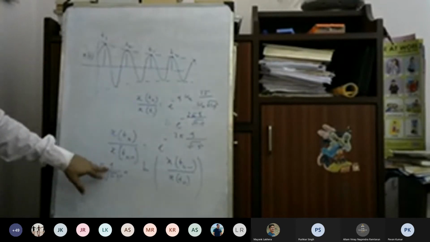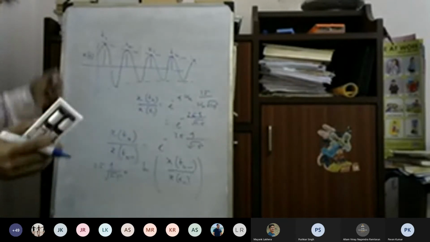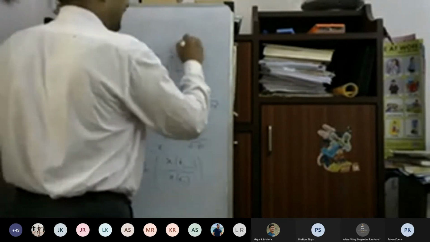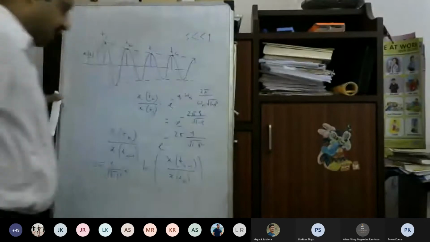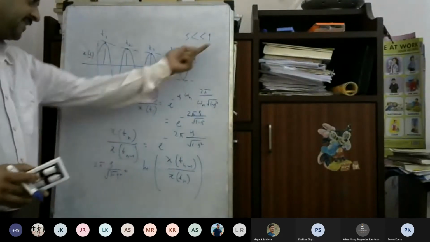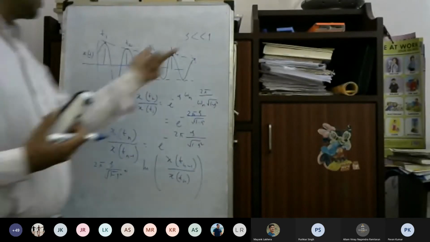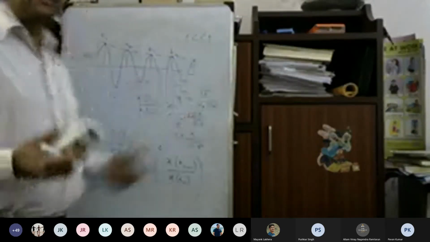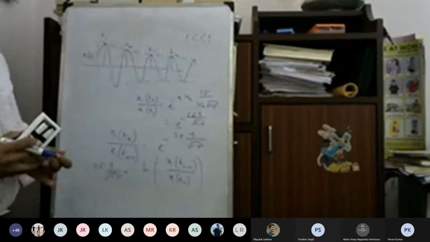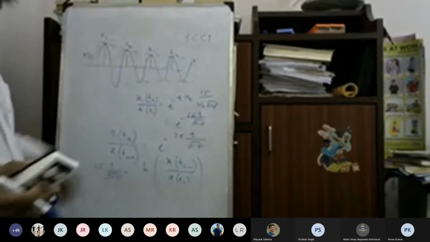This gives us a kind of quadratic equation which we will have to solve. Normally, in most systems zeta is much less than 1, so the denominator can be neglected. In most cases, if zeta is very small, that is our main concern, that is, when the damping is low, because low damping will cause more trouble.